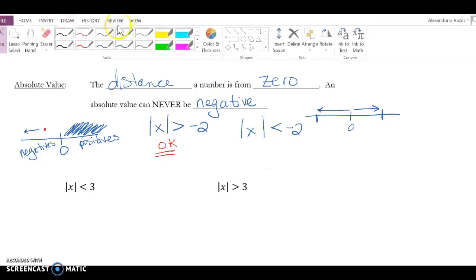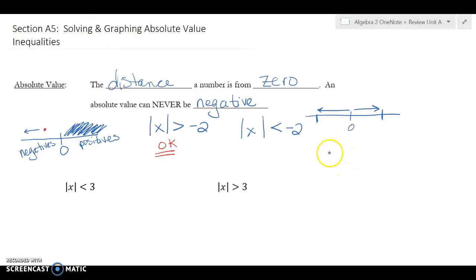So the difference is the one that's okay, it's greater than, and it passes through the positives, so that has to be an answer. But the one on the left goes to the left, which is less than, and it doesn't go anywhere to where your possible answers could be. So that's why there's a no solution.